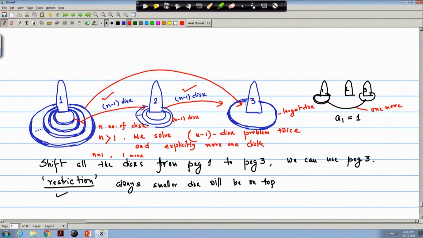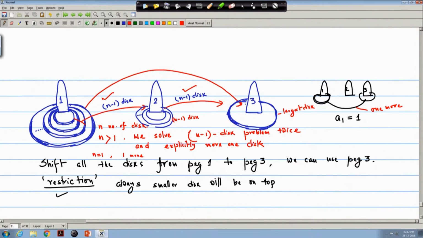and our approach is a recursive way of solving, or recursive algorithm, that as if we solve the n minus 1 disk problem twice.